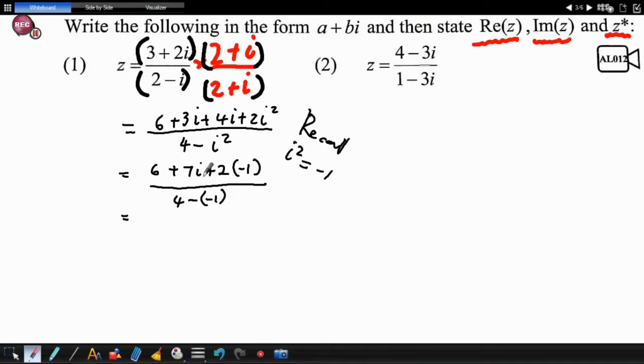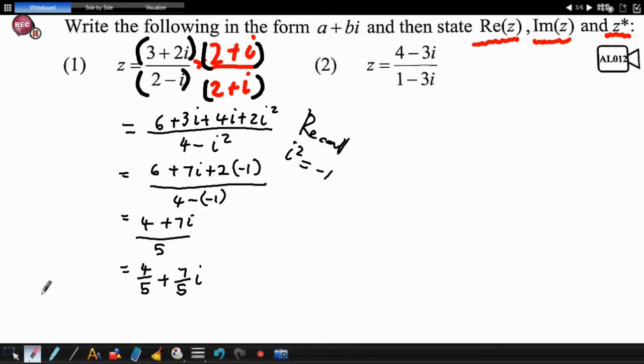And we can simplify this, guys. We can see 6 minus 2 will give you positive 4 plus 7i over 4 plus 1 will give you 5. And if we have to write this in the form a plus bi, that means it will be 4 over 5 plus 7 over 5i.